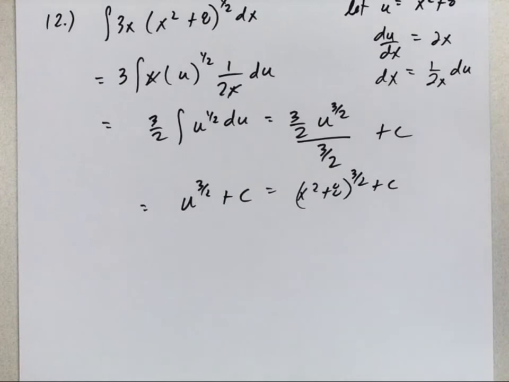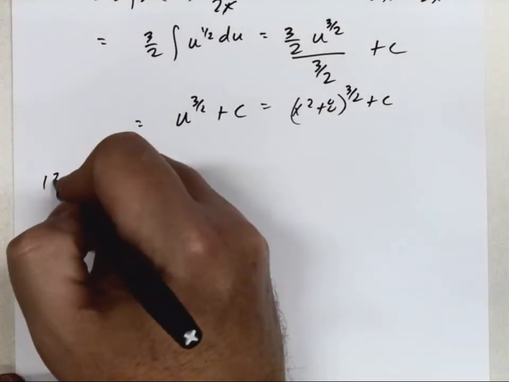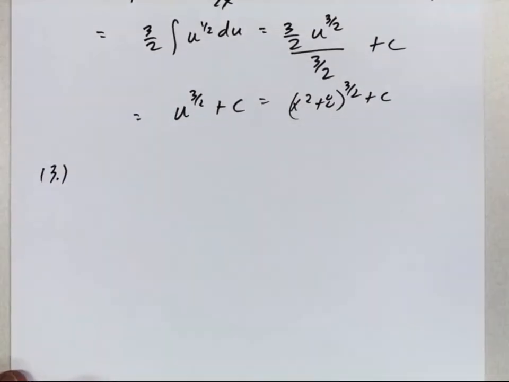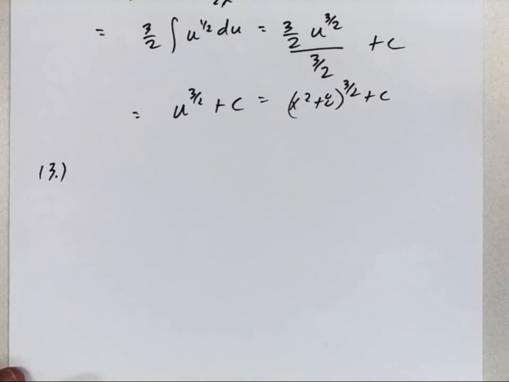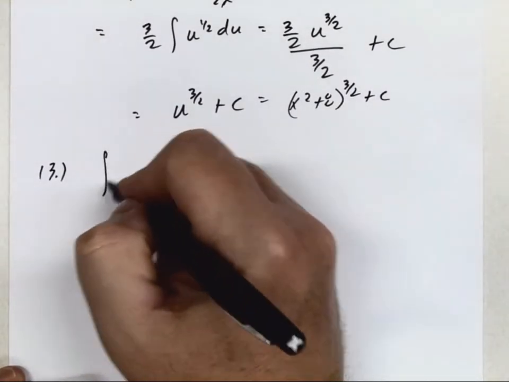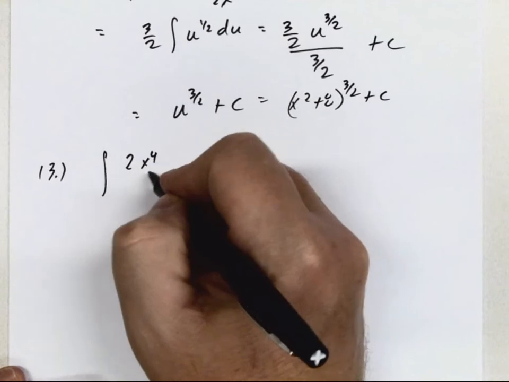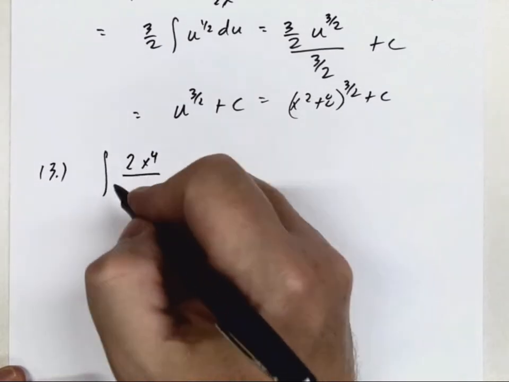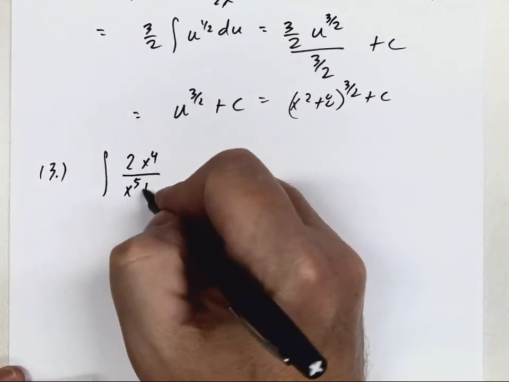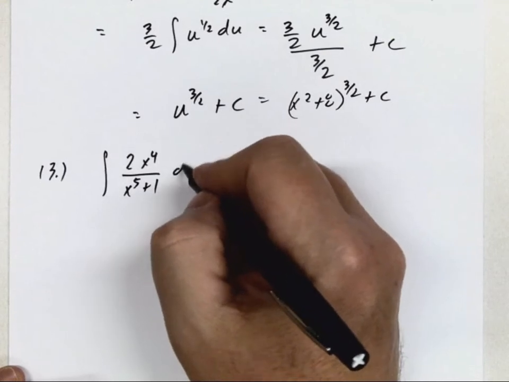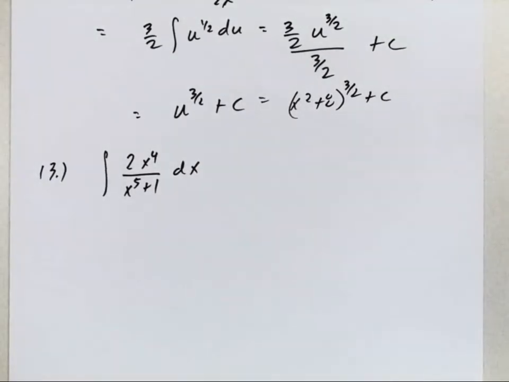All right, now there's one more that I think we have to use substitution on. 2x to the 4th over x to the 5th plus 1, integral with respect to x. It's getting a little more complicated.